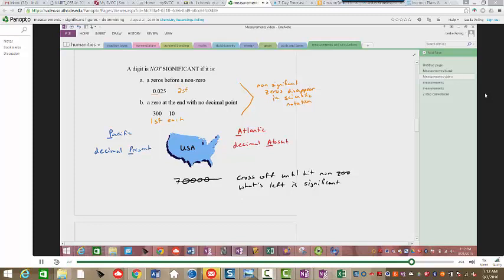Okay? We're not changing the number. We're just using a hint to tell us that it's 1 significant figure. If we have this, decimal is present, so we come in from this way, and we have 3 significant figures.